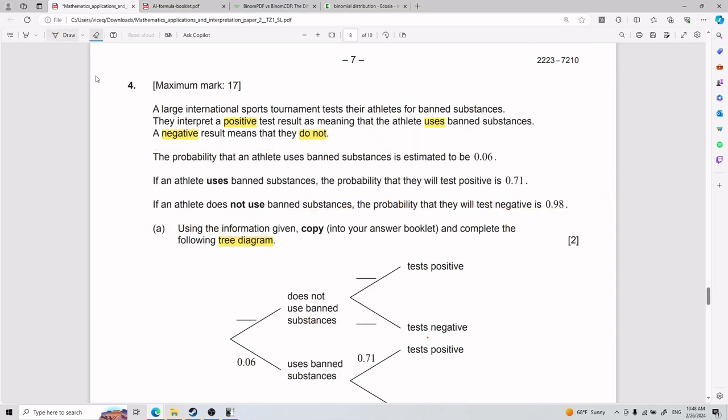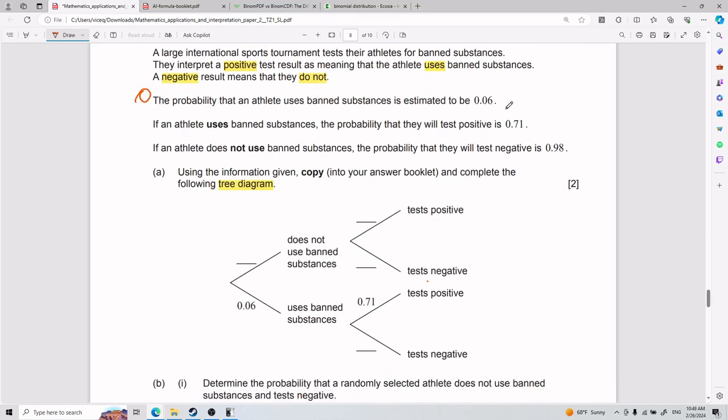For example, this first one, the probability that an athlete uses banned substances is estimated to be 0.06. And so, uses banned substances, kapow, 0.06, there it is. So this first one, what they tell me is already in the diagram. Okay, we're happy with that, ¿cierto?